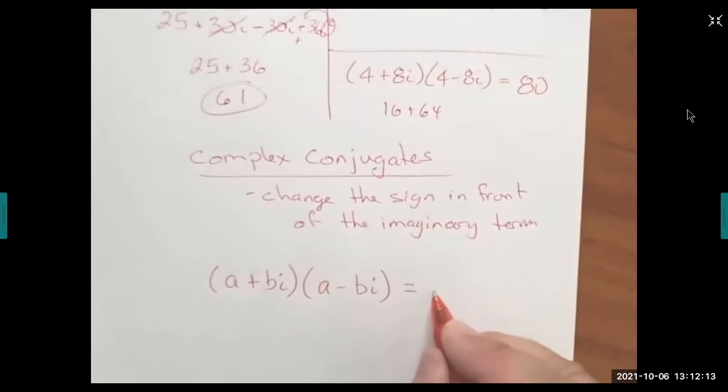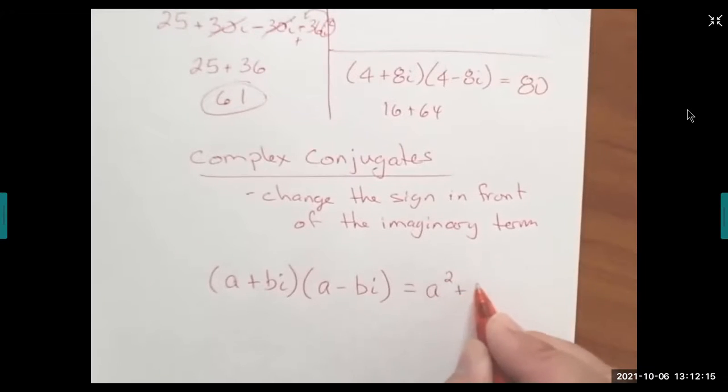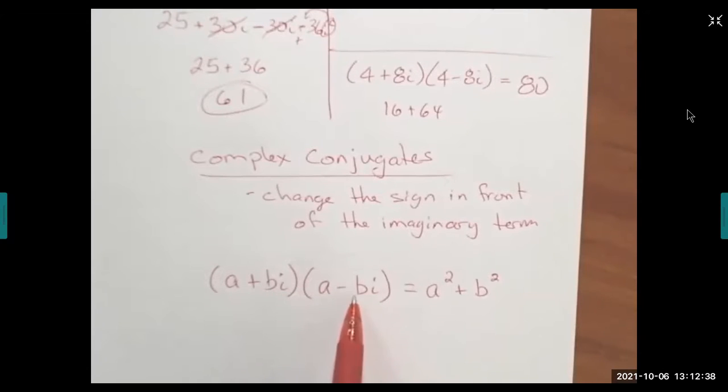The shortcut is simply that. Don't worry about the negative or positive because when you square it, it becomes positive anyway. So we just look at the numbers. If you have the same numbers, and the only thing different is the sign in front of the imaginary term, then the shortcut applies.